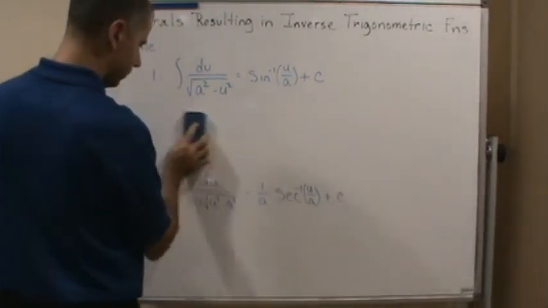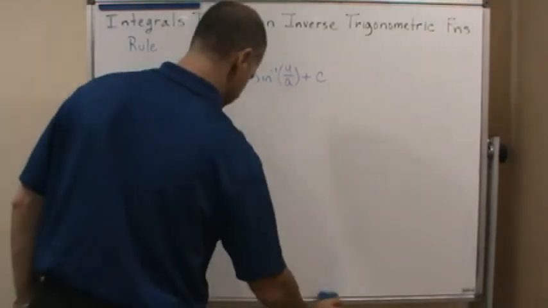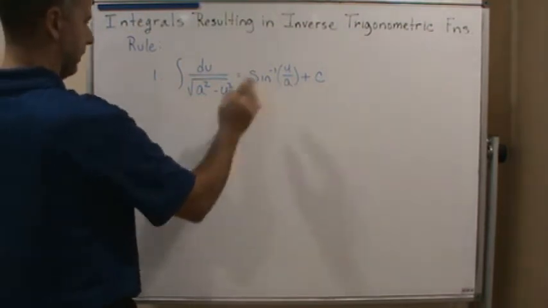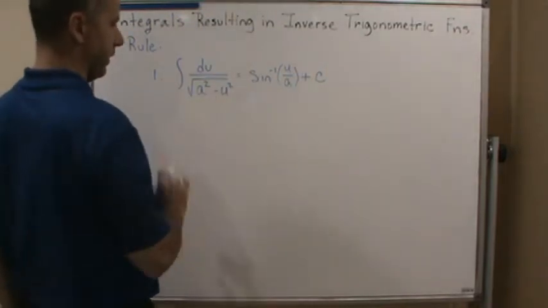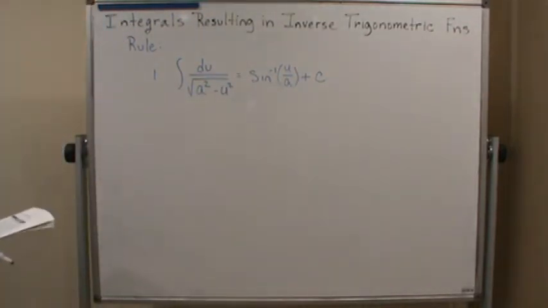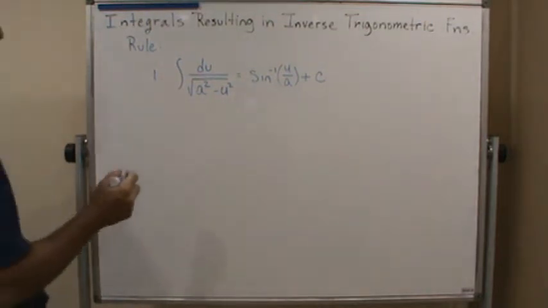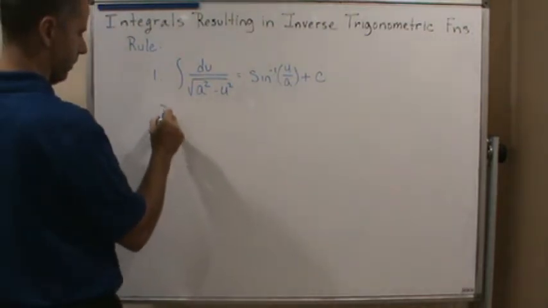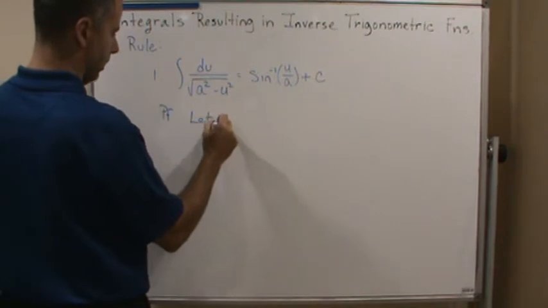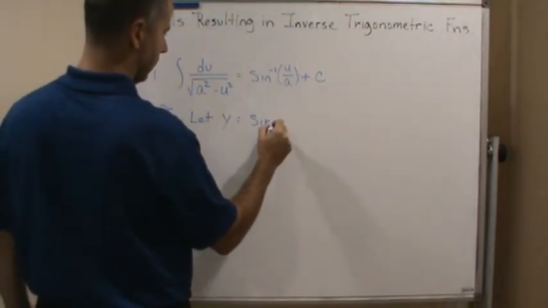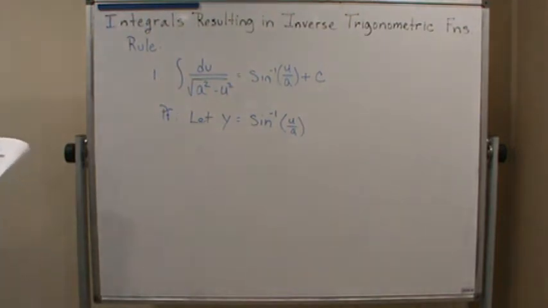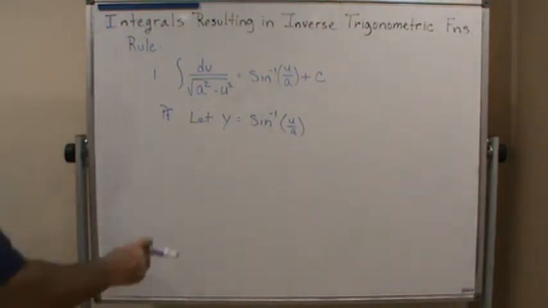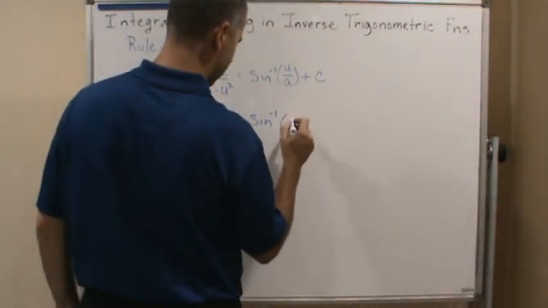Let's do the first one. If I want to prove that the antiderivative of this is equal to this, first of all, I'm going to start by defining a function y.